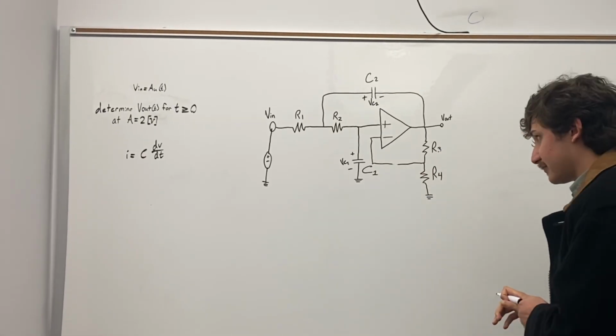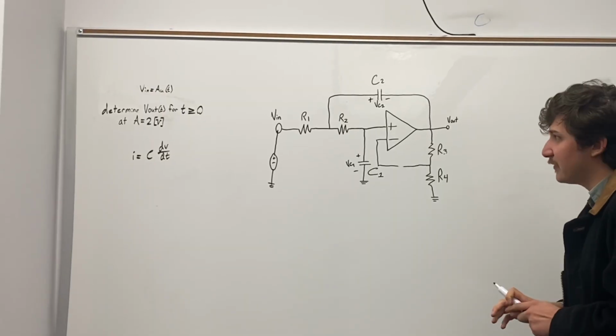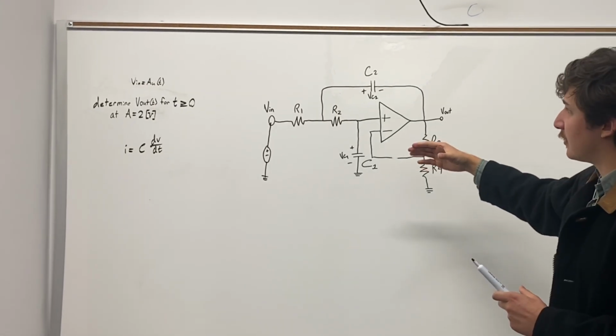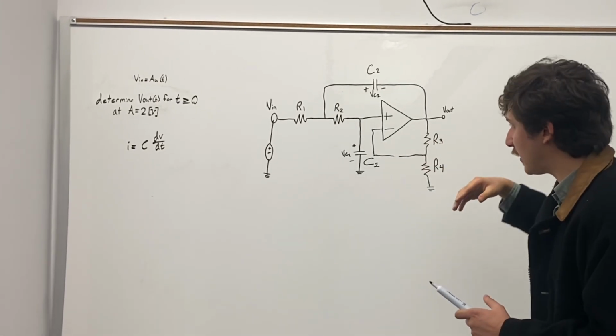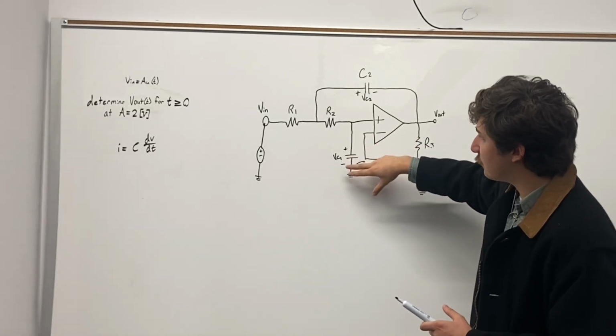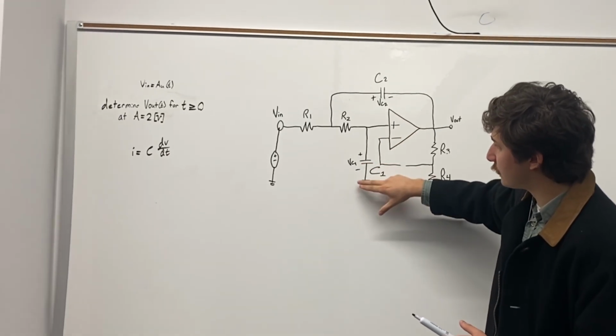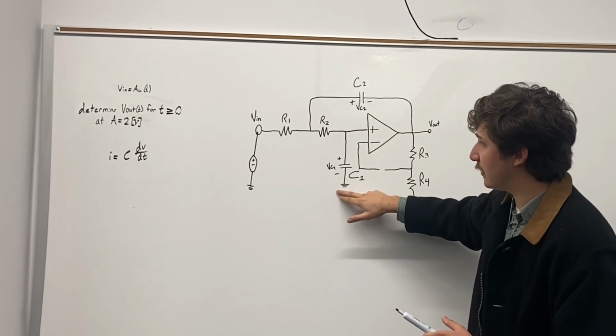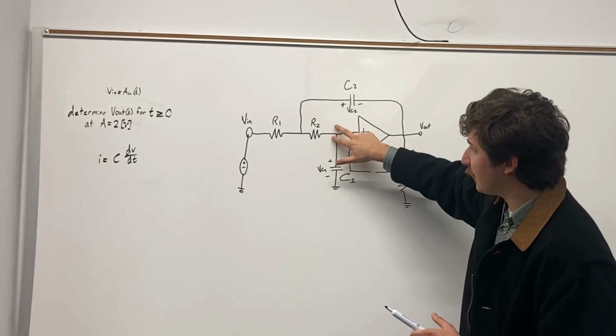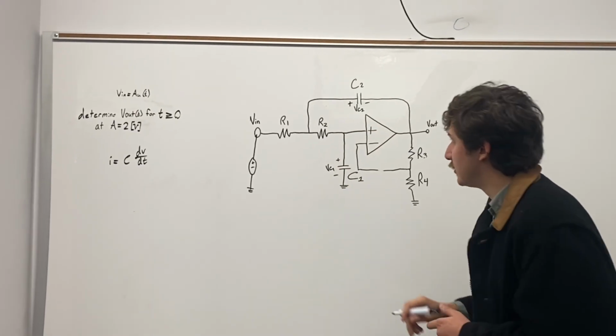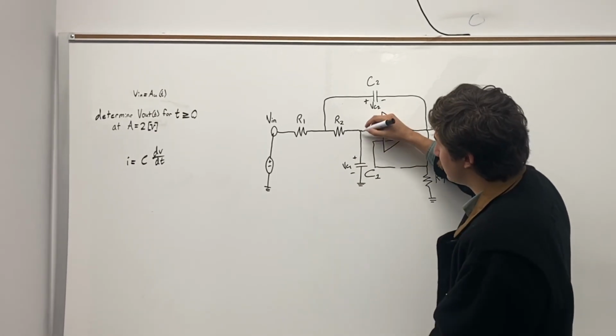Perfect. Now, before we even begin, I like to look at the circuit. What do we see here? Well, I see that VC1 goes from this node through the capacitor to ground. So the voltage here should be VC1. So I'm going to go ahead and label this as VC1.